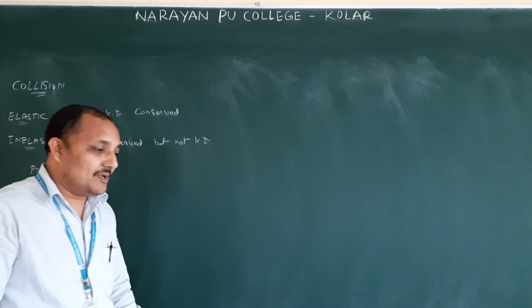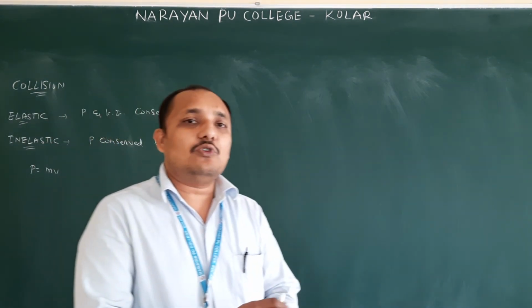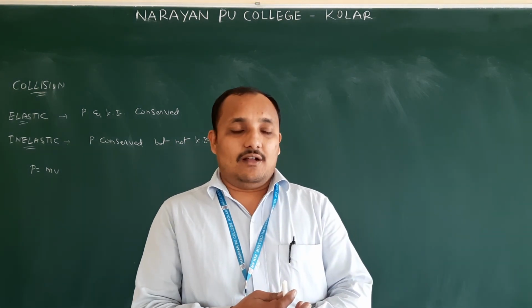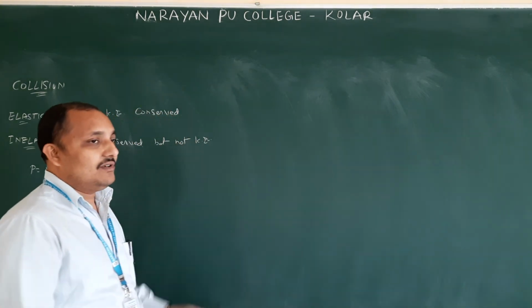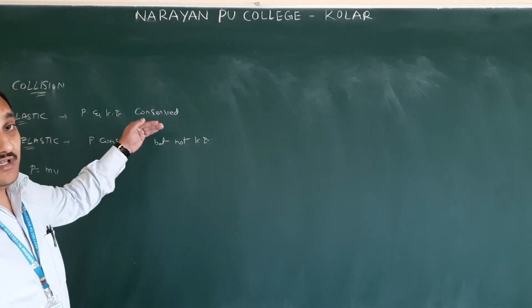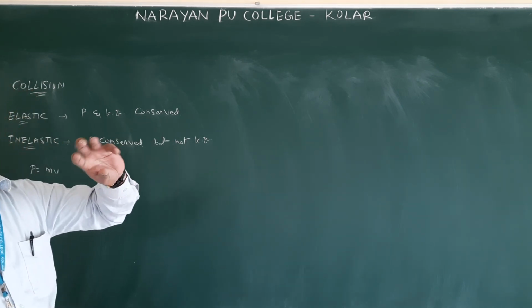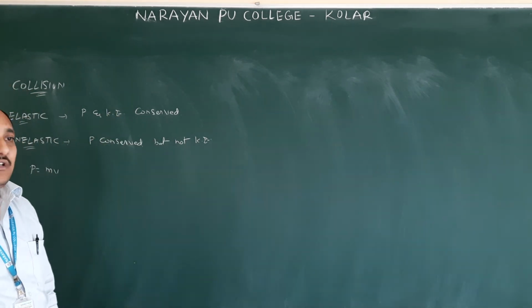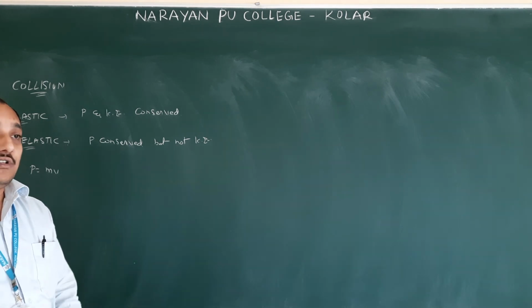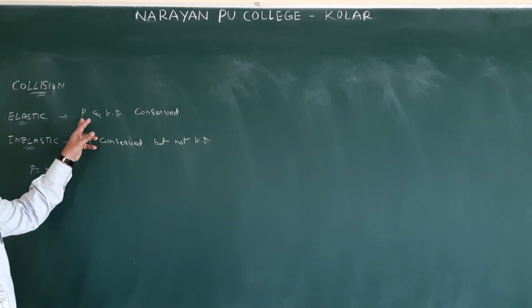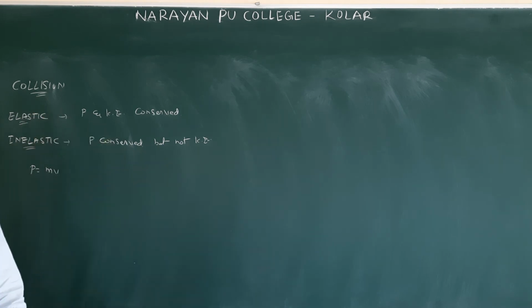For a collision, a minimum of two objects are required. We will discuss elastic and inelastic collision tomorrow, along with their velocities before and after the collision, and how momentum and kinetic energy are exchanged or changed.